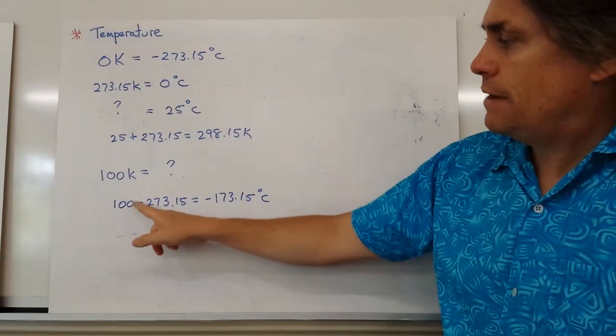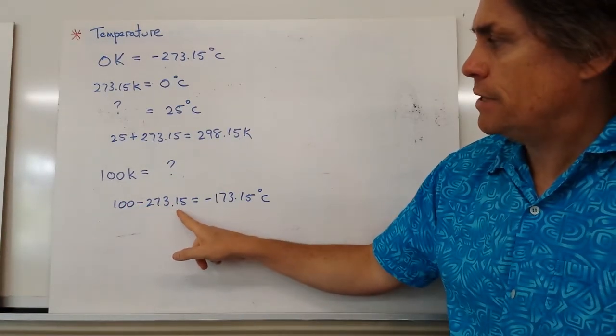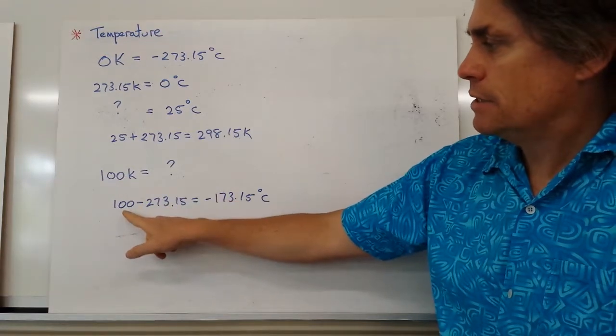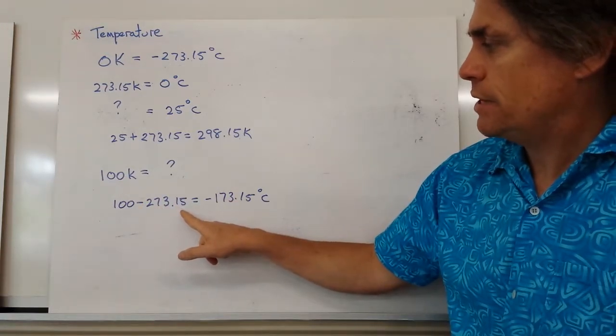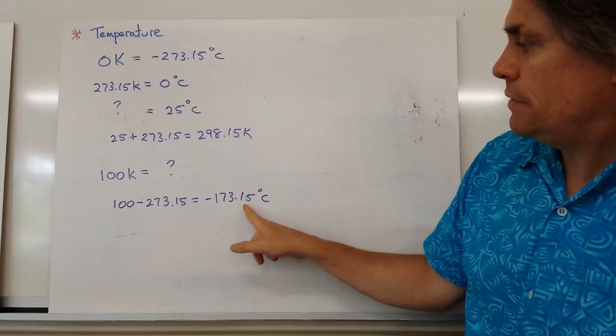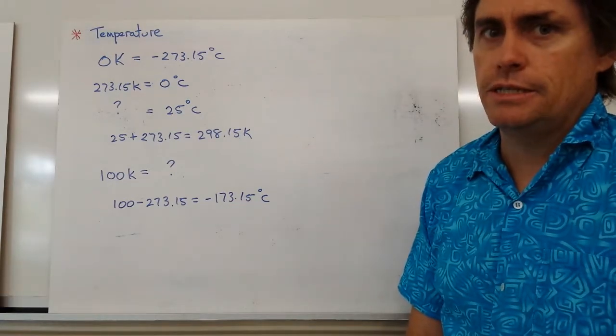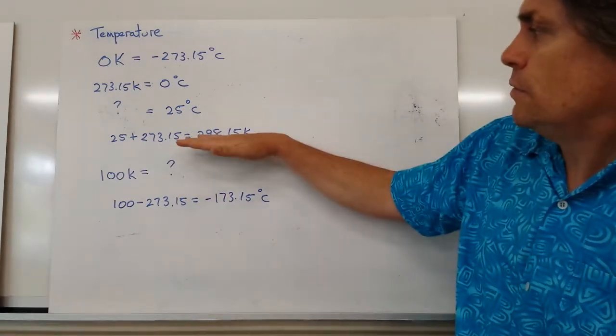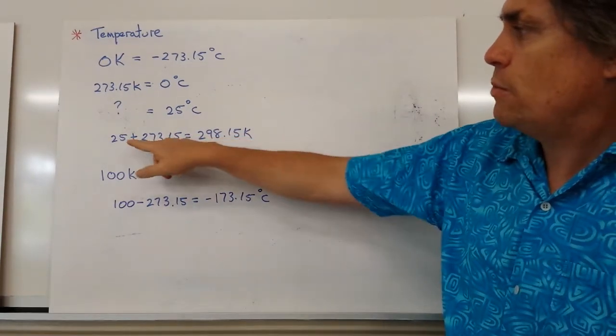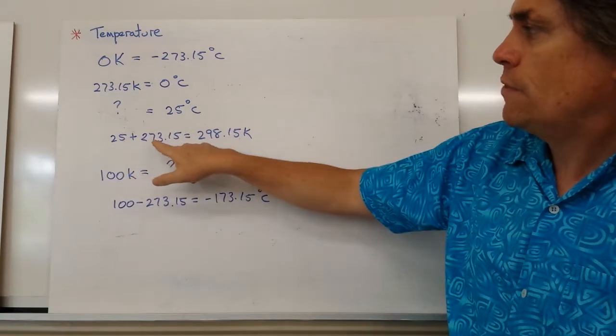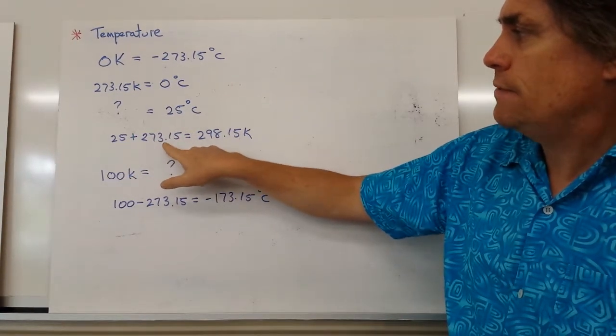What about if we get a conversion from Kelvin to degrees Celsius? Well, in this case we have to subtract our 273. So we start with 100, so 100 minus 273 will give us minus 173.15. Once again, we always ask the question, do these numbers make sense? Let's have a look at this first one. We're at 25 degrees, so we've got to be higher than the 273.